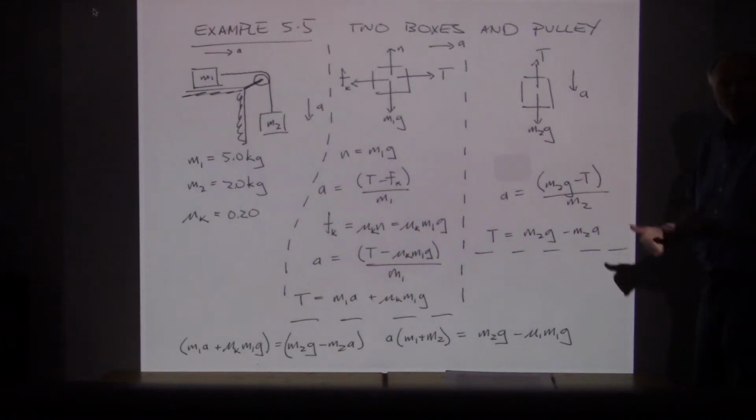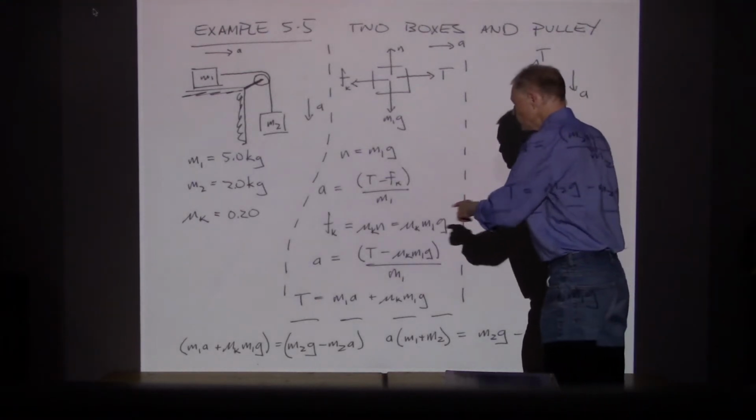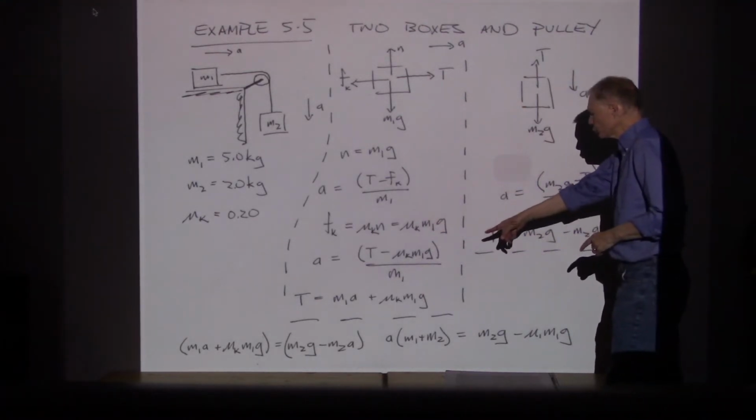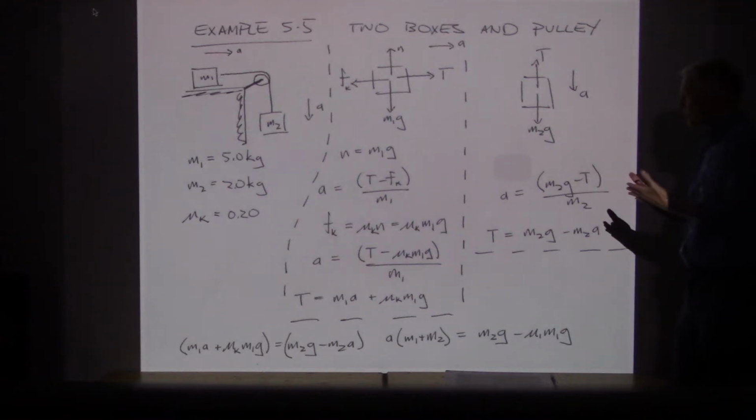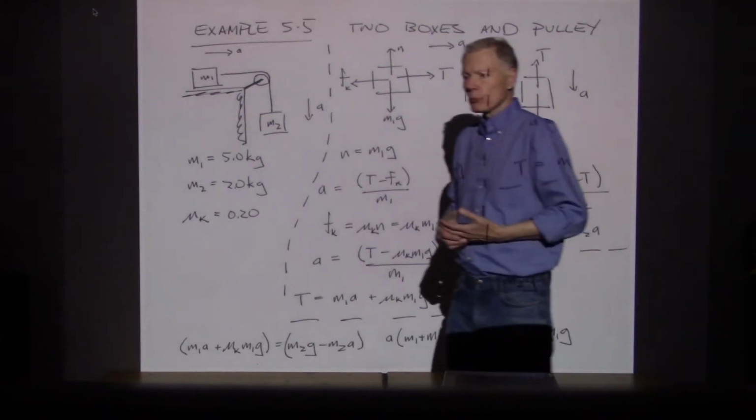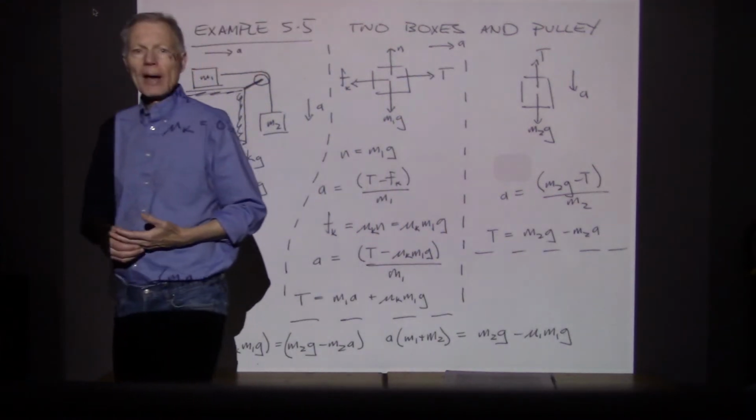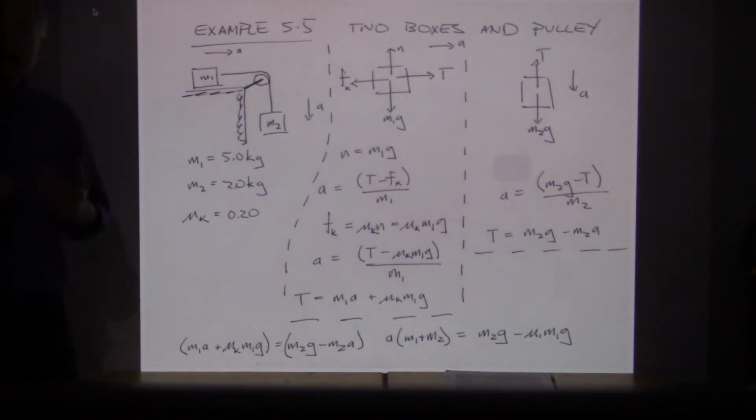So the higher the acceleration here is, the lower the tension would end up being. In any case, algebraically, I can take those two formulas and set them equal to each other. Now, this is another one of those examples where I'm going to highly recommend that you practice solving these algebraically.